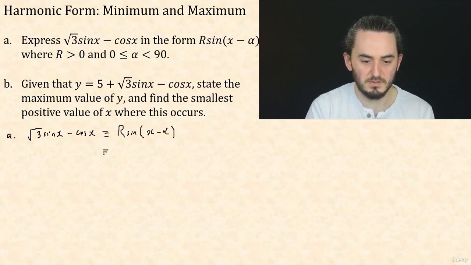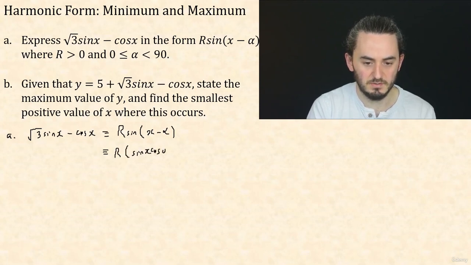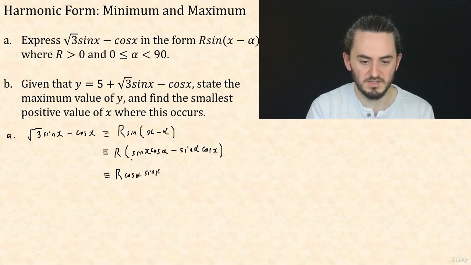So we expand the right hand side to get r, and then it's sine a cos b minus, to match the minus here, sine b cos a. Expanded with a little reshuffle, I've got r cos alpha sine x, I just put the alpha bit first to make the next step easier, minus r sine alpha cos x.